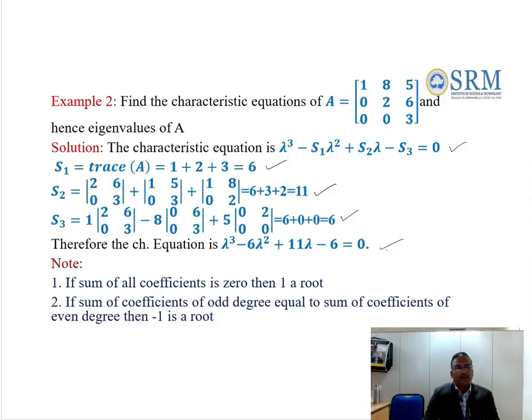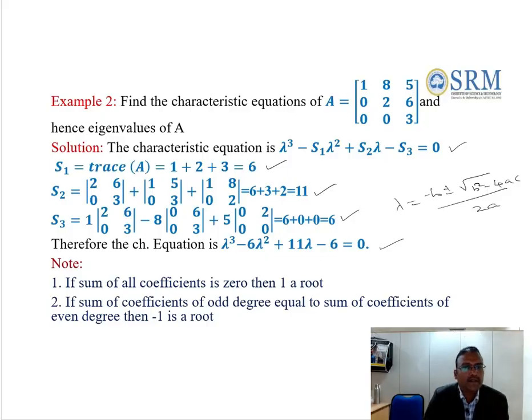So we know how to find the roots of the quadratic polynomial. We have seen the formula lambda equal to minus b plus minus under root b square minus 4ac divided by 2a. But it is a cubic polynomial, therefore we have to use some results.